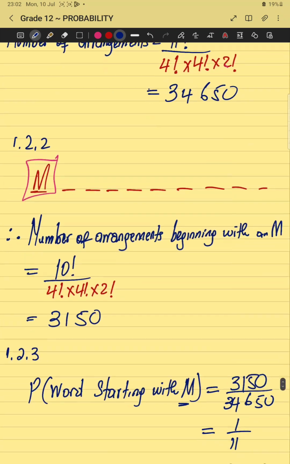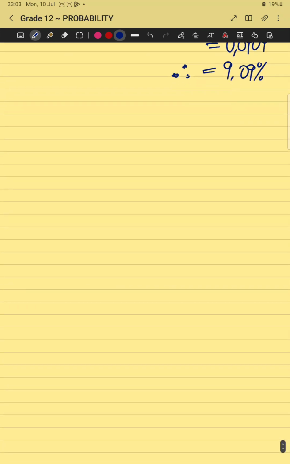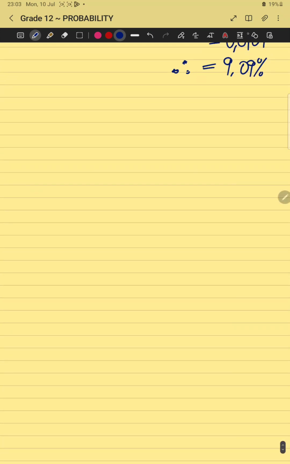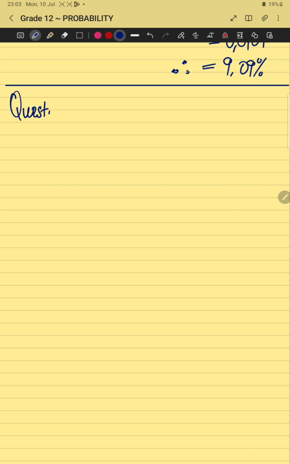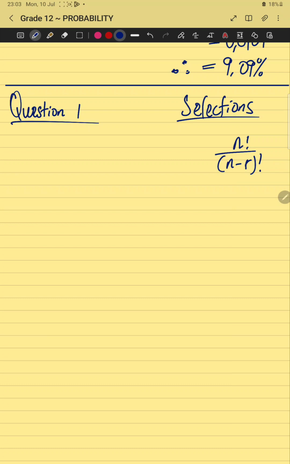Let me try to answer this question. Do I still have a space here? Oh yes, let me just draw a line because I'm starting something new now. This is question 1 under selections, so we'll be using this formula. I want to write it down here.